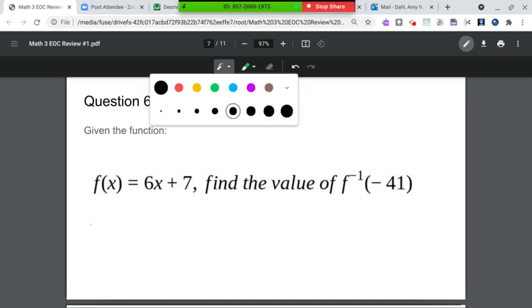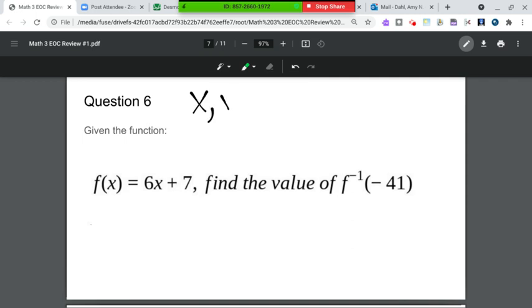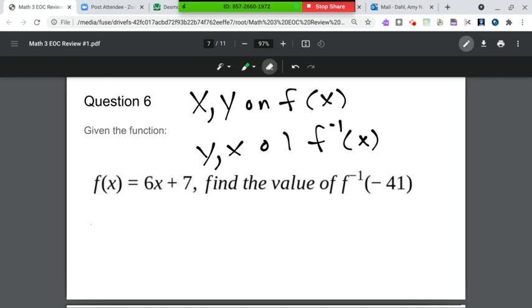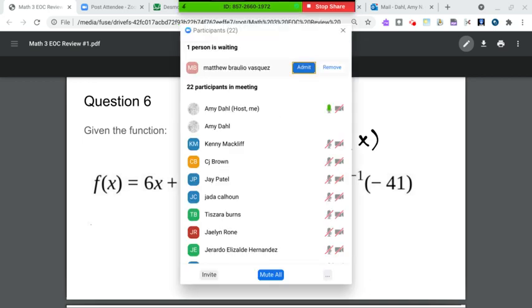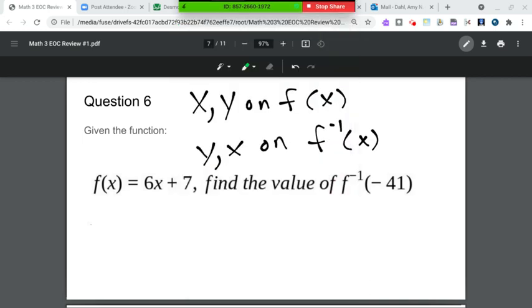So when you see xy on f of x, we'll turn to yx on f inverse of x. So in order to find the value of f inverse of negative 41, we're going to plug negative 41 in for f of x to find x.